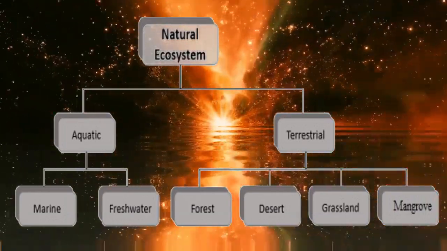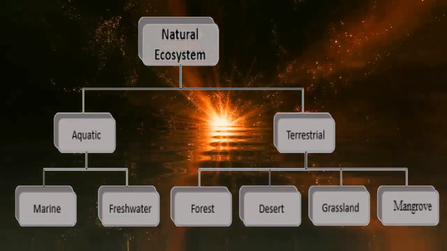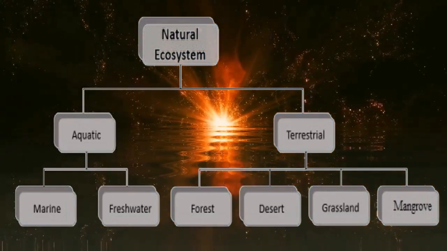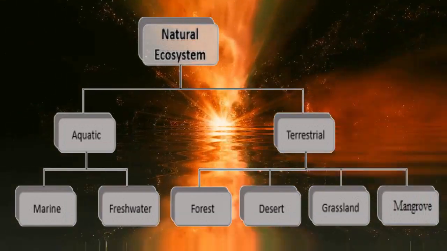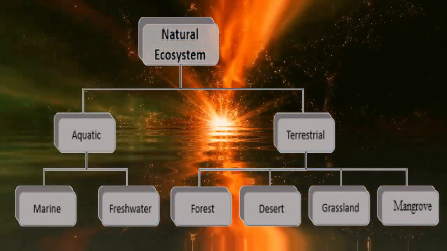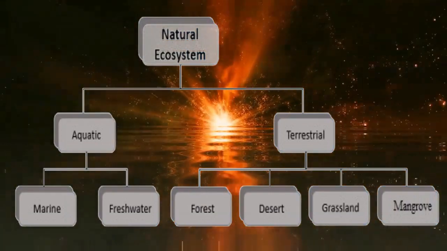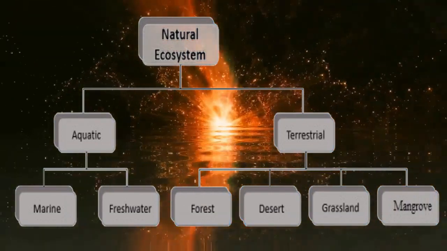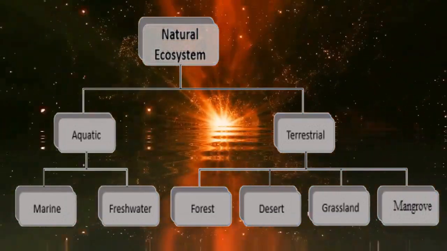Now, as we have already discussed, biotic and abiotic factors belong to the ecosystem, so we also need to consider that, right? Now we will move to some very important terms, just like the different types of ecosystem we will study here in our class. But before that, we need to know one very important thing about the ecosystem.